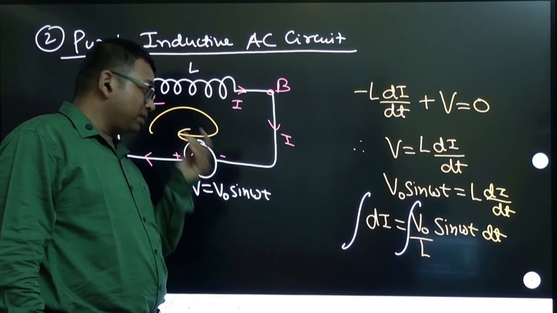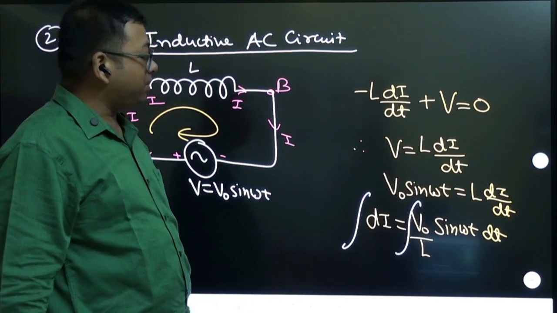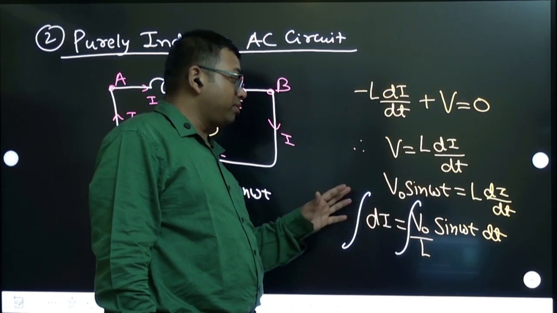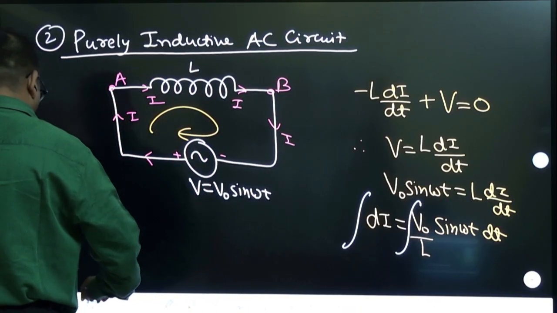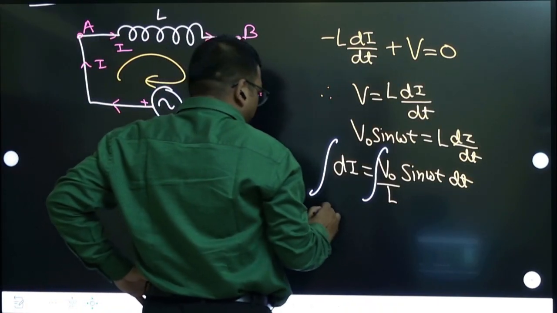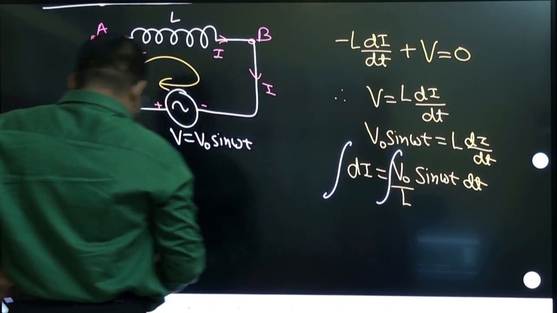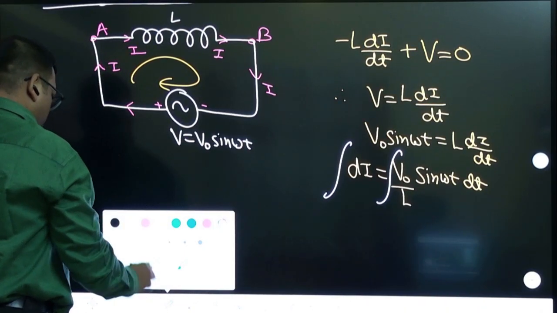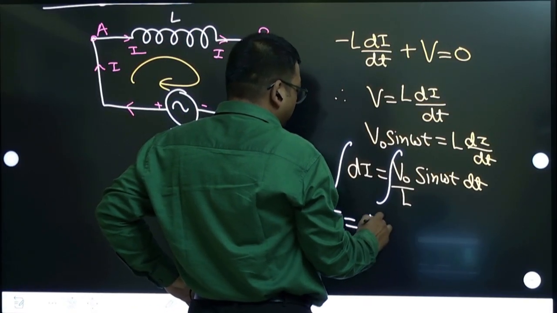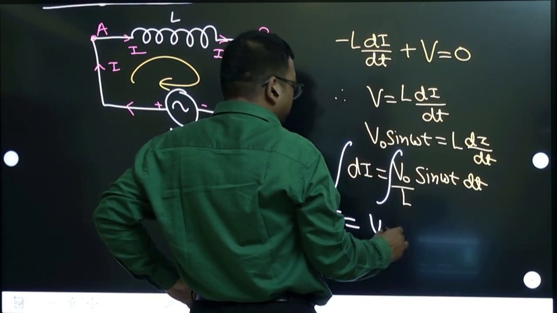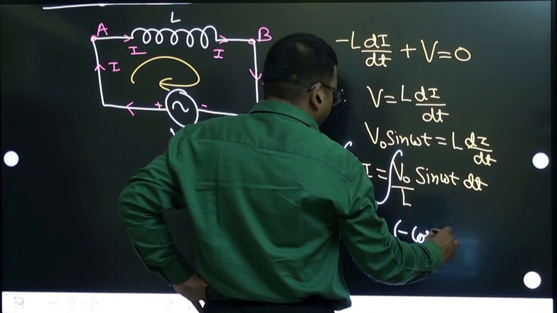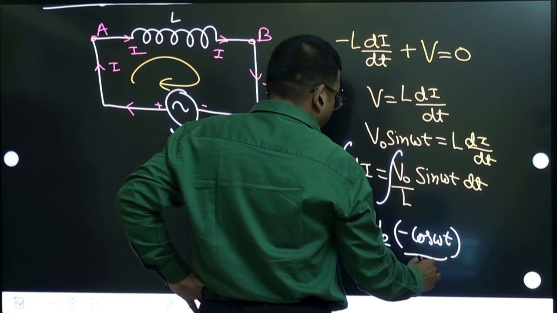Yes, initially itself it will be maximum. That we will see afterward. But let us do the integration without limit. So the left side gives I. On the right side, V naught by L is constant. Sine integration we know is minus cos omega t divided by omega.